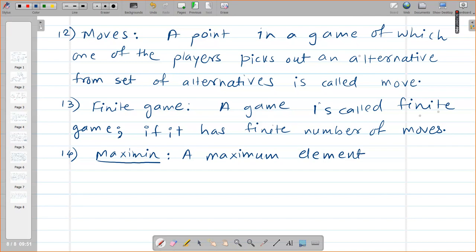A maximum element among the row minima. What is row minima? From each row, I am going to find the minimum entry.